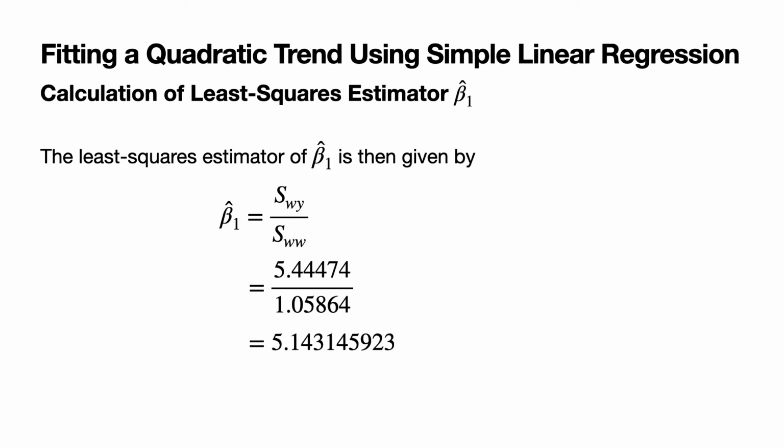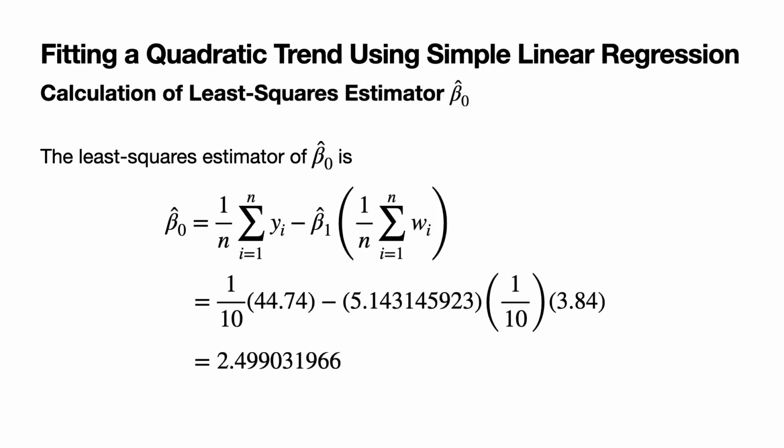Once we have beta 1 hat, we can calculate beta 0 hat using this formula. So beta 0 hat is equal to the mean of the response variable y minus beta 1 hat times the mean of the variable that we're regressing against, and that is w here. So minus beta 1 hat times w bar.